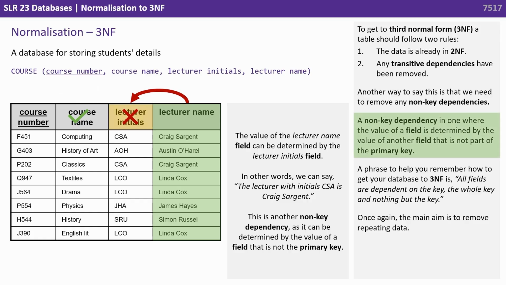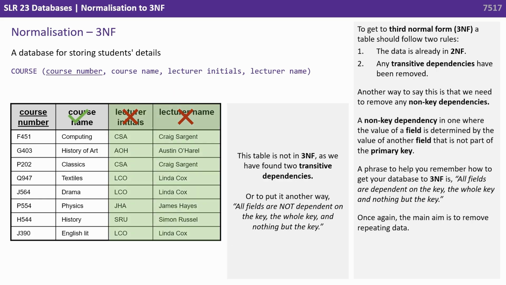The value of lecturer name field can be determined by the lecturer's initial field. In other words, we can say the lecturer with initials CSA is Craig Sargent. This is another non-key dependency, as it can be determined by a value of the field which is not the primary key. This table is not in third normal form, as we've found two transitive dependencies.